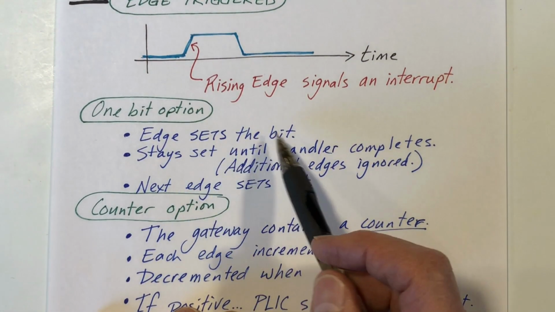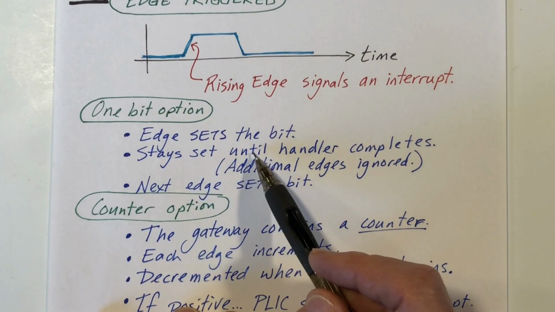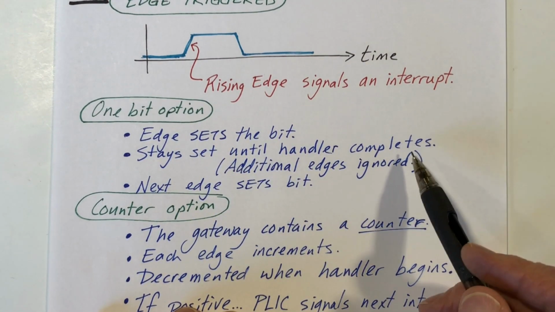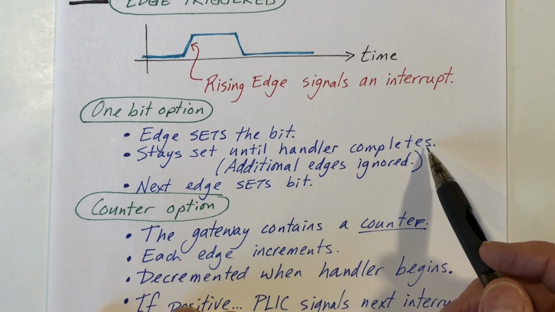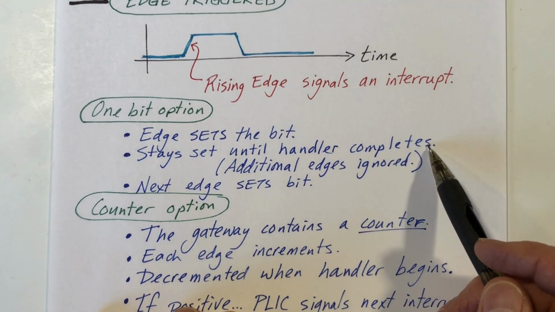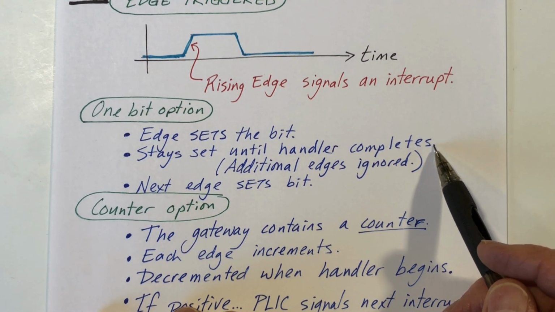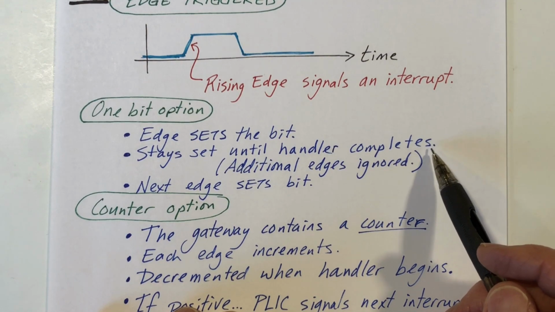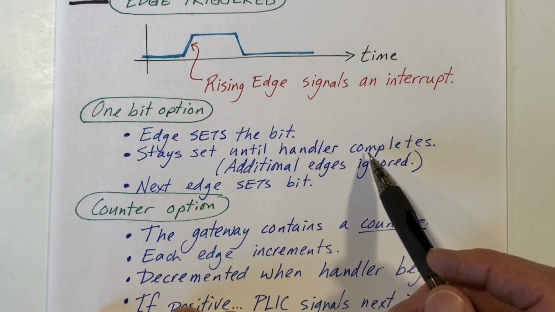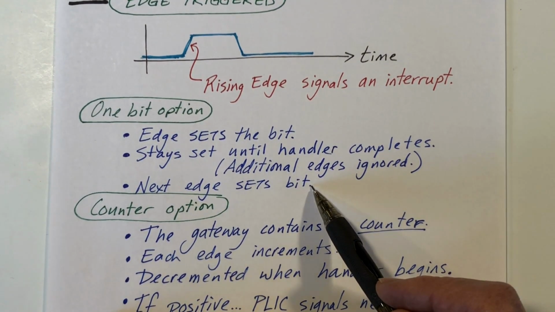And that will then cause the interrupt. And that bit will stay set at 1 until the handler completes. If there are additional rising edges, those will be ignored. But at some point, the handler will signal that the processing is complete, and at that point the plic will clear the bit, and then the next edge can set the bit and cause another interrupt.